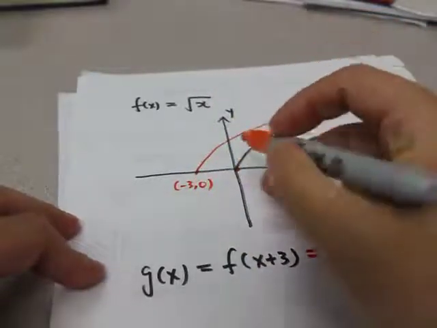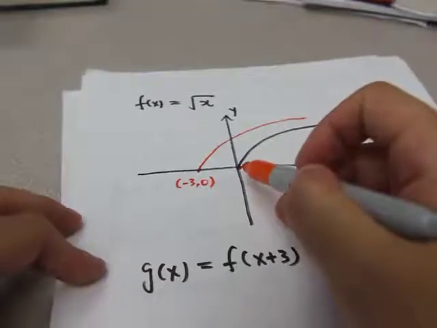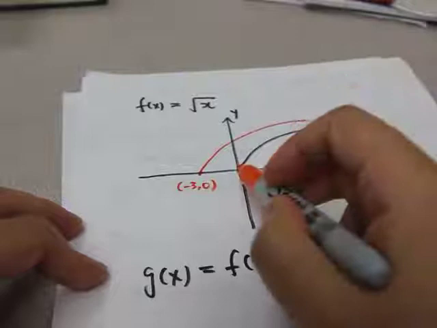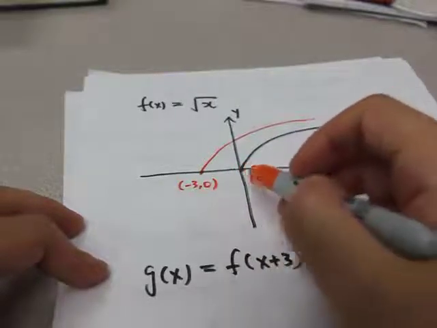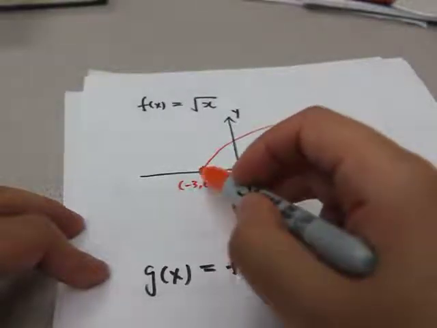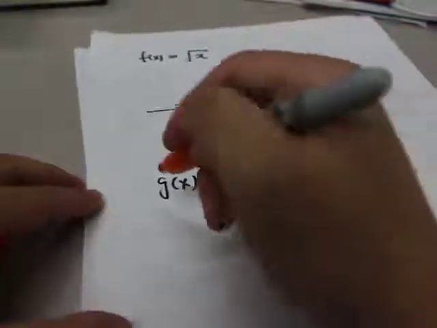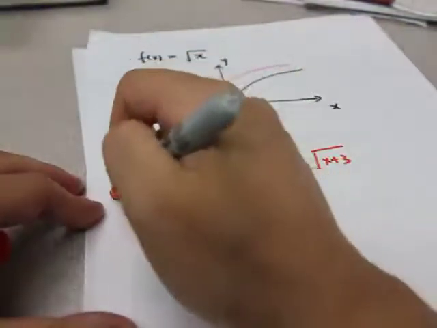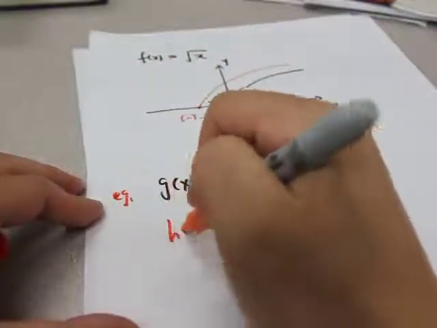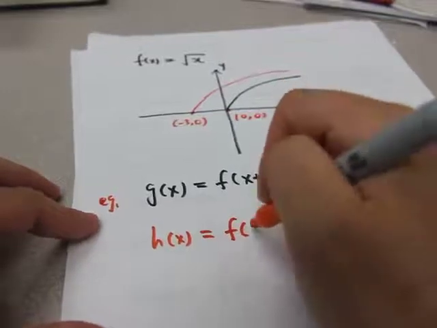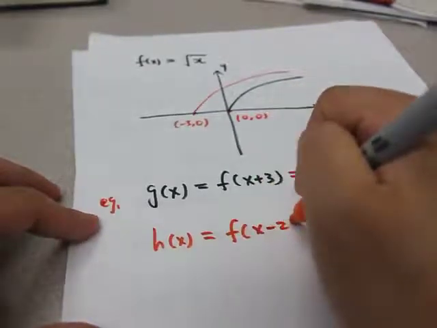So this point is shifted from 0, 0, right? At the beginning, this point was at 0, 0, and then it is shifted to negative 3, 0. Now, what if I want to graph the function f of x minus 2?